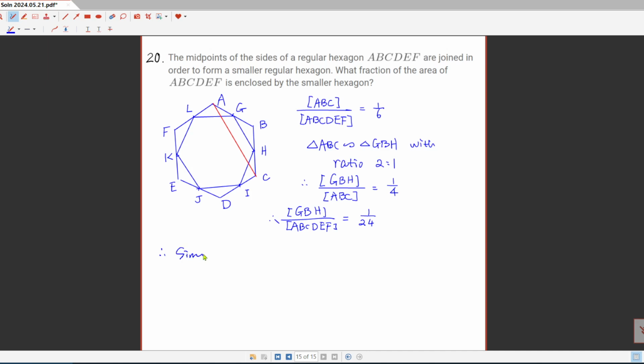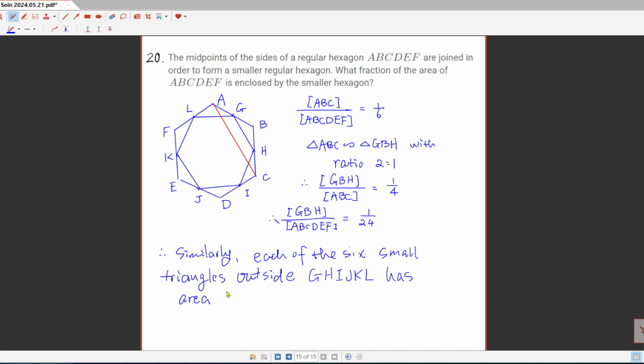And similarly, each of the 6 small triangles outside the hexagon GHIJKL has area 1/24 that of the area of ABCDEF, right?